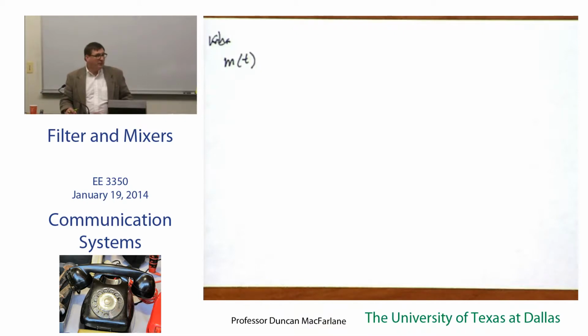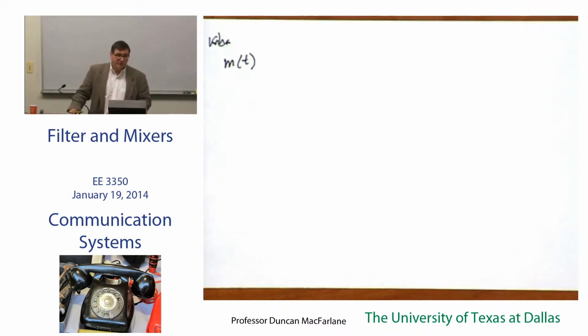And so you can't predict exactly what I'm going to say. So you don't know very much about m(t). And yet I want to know something about m(t) times cosine(omega_c t). That's the output of my modulator. It's the output of my mixer, the mixing of one piece of information with another piece.